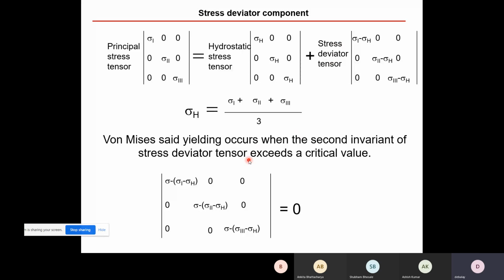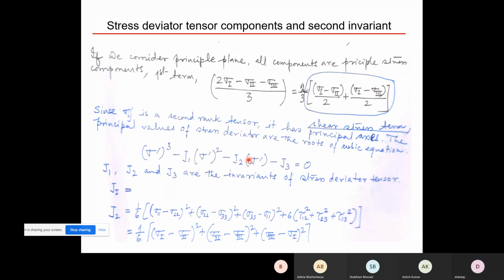Von Mises criterion said the second invariant has to exceed a critical value. So what is the second invariant? You can write it in terms of stress components: 1/6 [(sigma 1 minus sigma 2) square plus (sigma 2 minus sigma 3) square plus (sigma 3 minus sigma 1) square] plus tau 12 square plus tau 13 square.